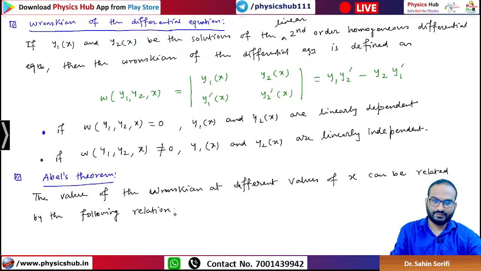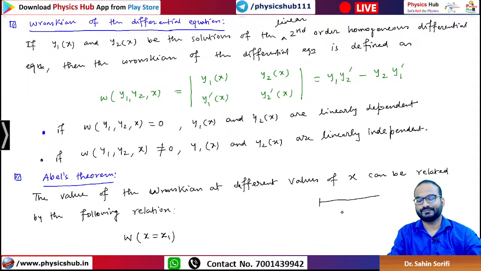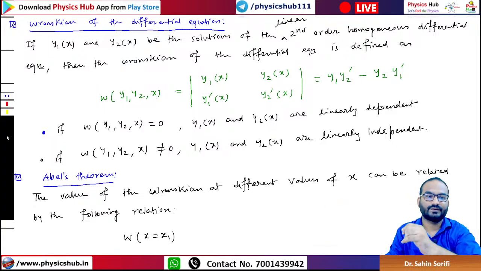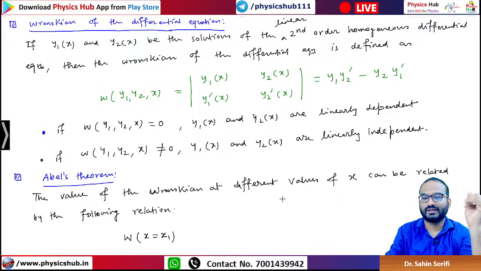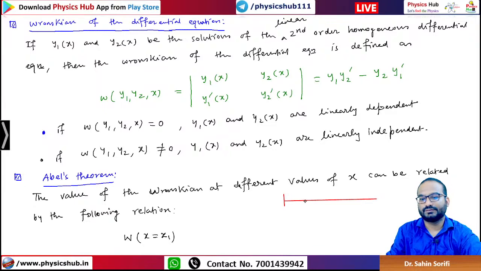Let me write it for you. Wronskian at x equals x1. You can consider it this way: this is the line for x. Now somehow you know the value here, let's say at x equals x naught.